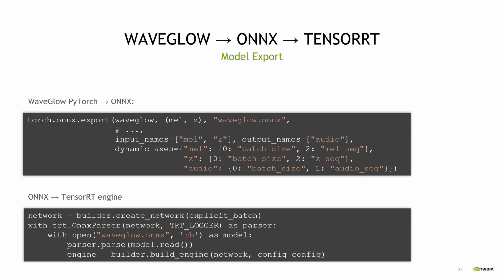And we can also specify other configuration characteristics such as minimum, optimal, and maximum tensor sizes that will be used during the inference. This configuration will help TensorRT to find the best kernels that should be used during inference for best efficiency or best performance.